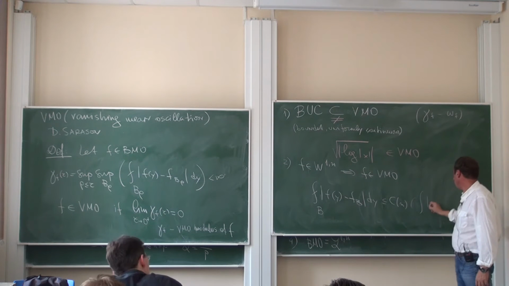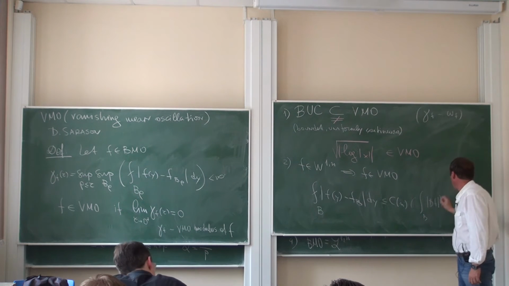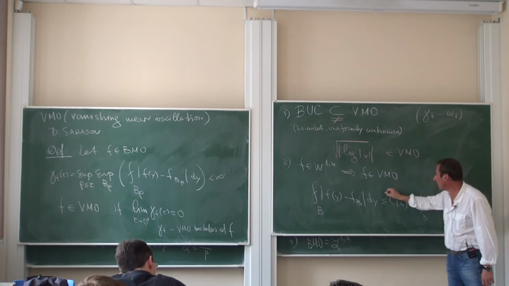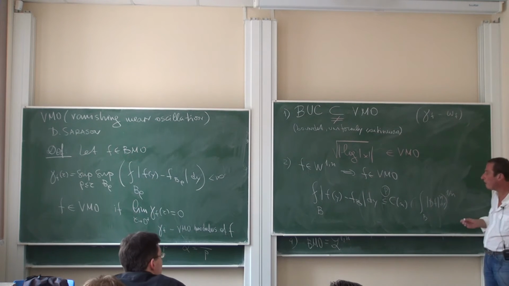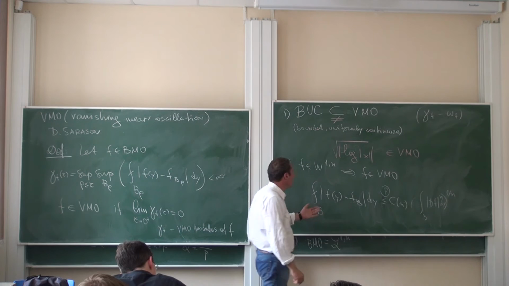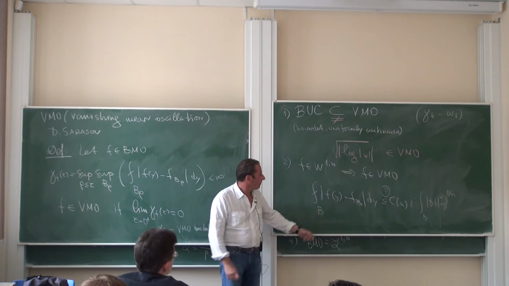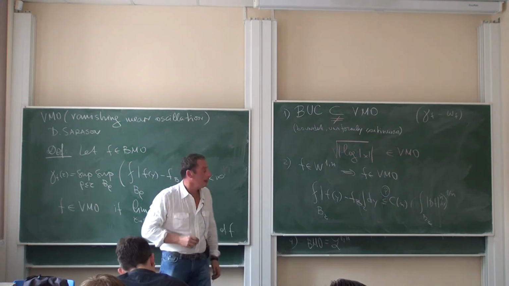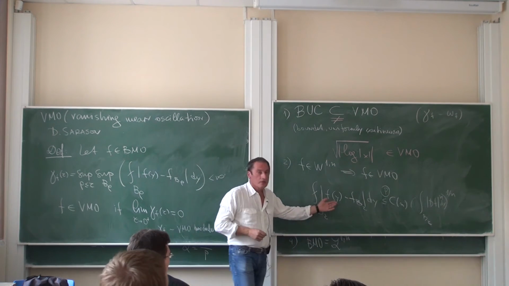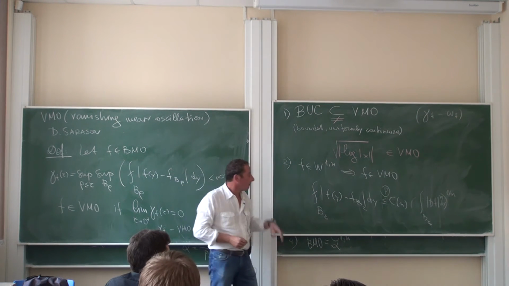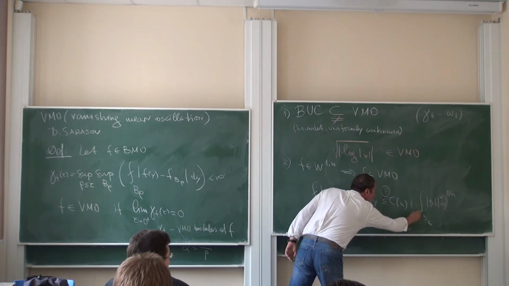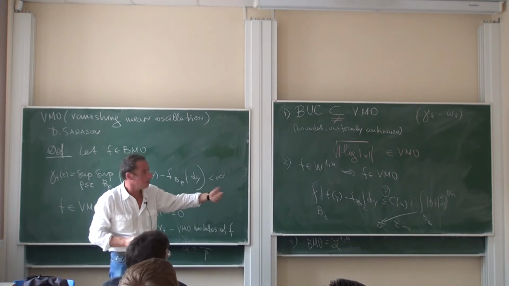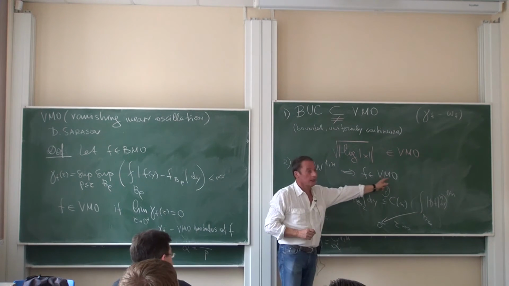So it is less than this quantity here, by the Poincare inequality. Now, assuming that the ball is of radius r, taking the supremum over all the balls, and then letting r tend to 0, this quantity tends to 0 because of the absolute continuity of the integral. So it means that the function stays in VMO.